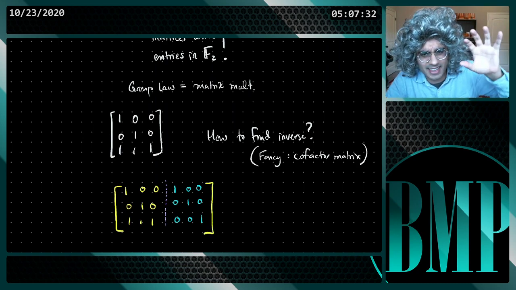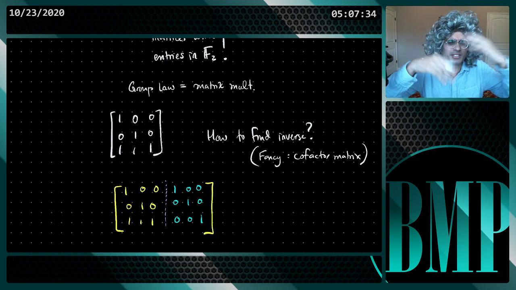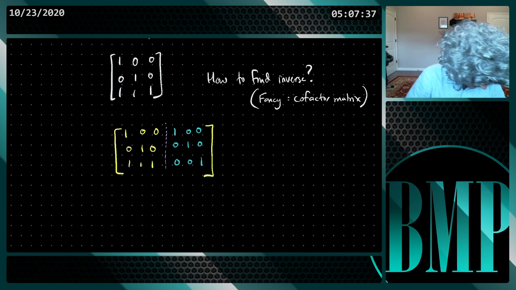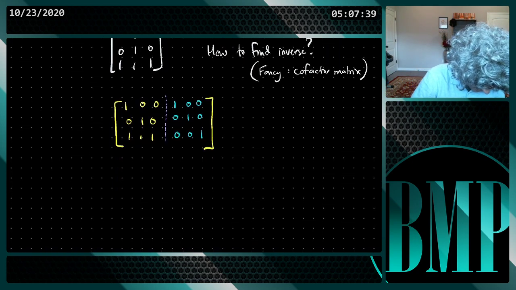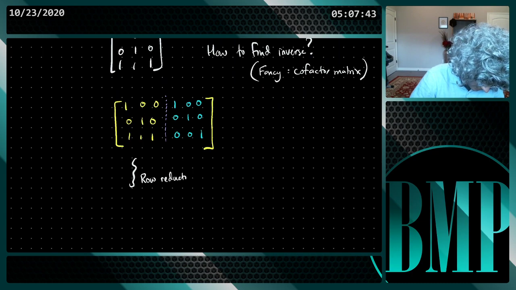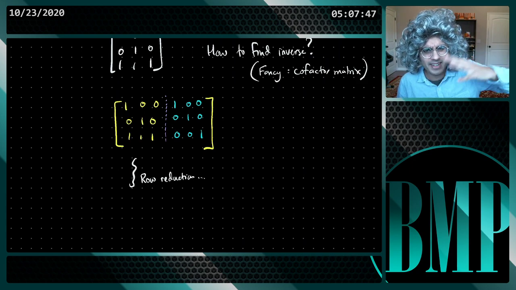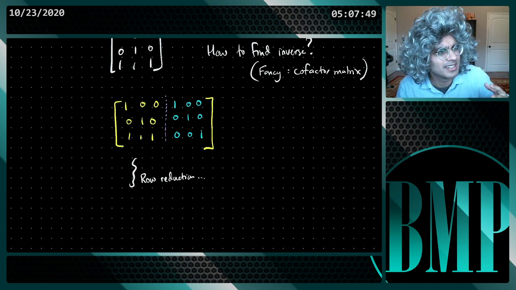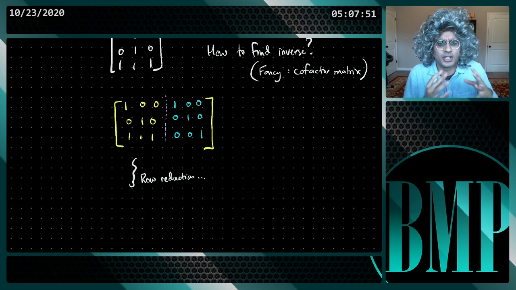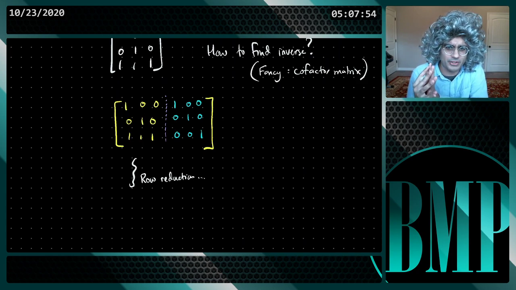You write the identity next to it, row reduce, subtract, and then you see what happened on the right-hand side.